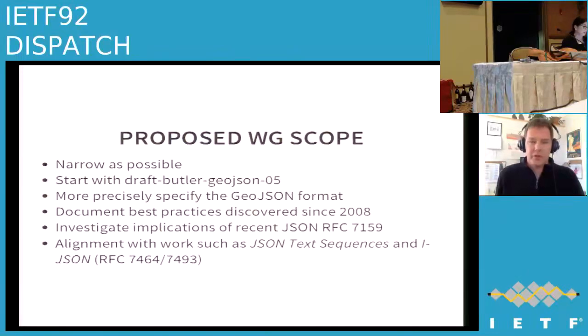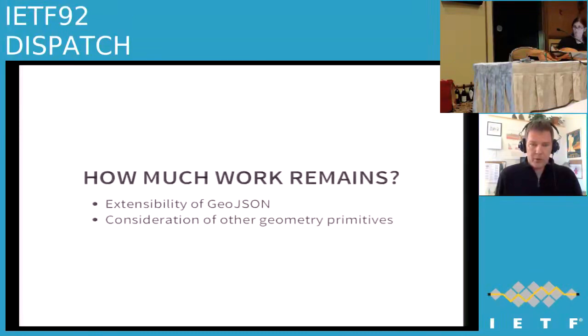And certainly, in a working group, I predict that we will have to consider or reconsider the inclusion of other geometry primitives. Since GeoJSON was published originally, there's a little more interest in curves and other kinds of geometries. This will come up and we'll have to discuss it.